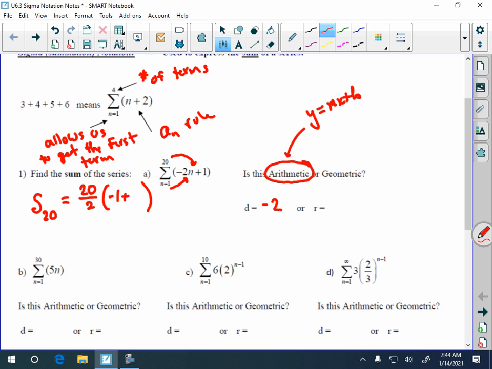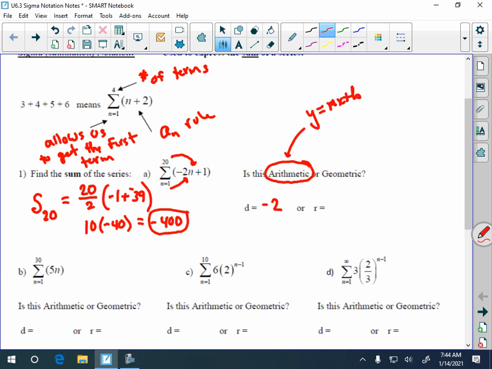So negative 2 times 20 is negative 40, plus 1 is negative 39. All right, so now we just have to simplify this. 20 divided by 2 is 10. Negative 1 plus negative 39 is negative 40. If we multiply those together, we get negative 400. So that would be the sum of the first 20 numbers of this series.